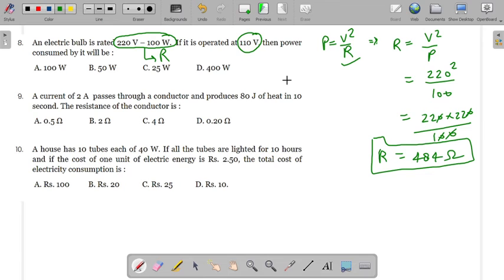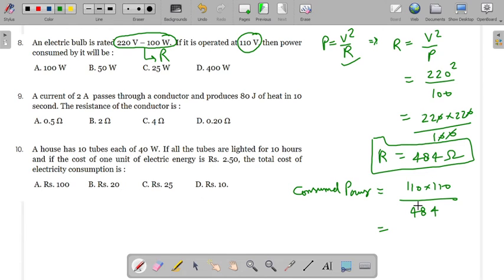Now it is very easy to calculate the power consumed. So consumed power equals V square, that is 110 into 110, upon resistance, that is 484.